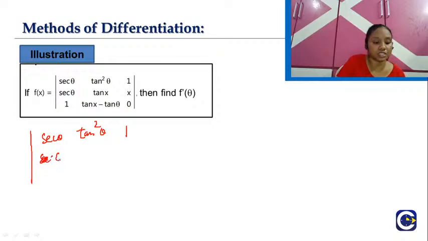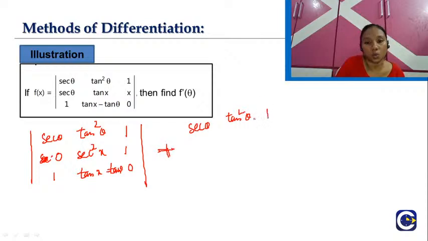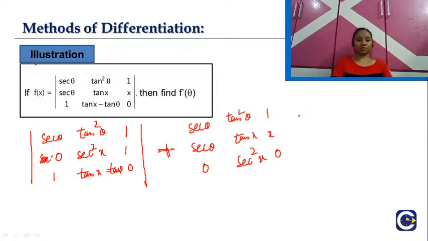Secant theta will be 0 and tan x will be secant square x, x will be 1, and this term will be as it is, 0 plus the third term, which means third row differentiation. So the first two will be secant theta, tan square theta, 1, secant theta, tan x and x. Third will be 0 here, tan x, secant square x, and 0 will be 0.